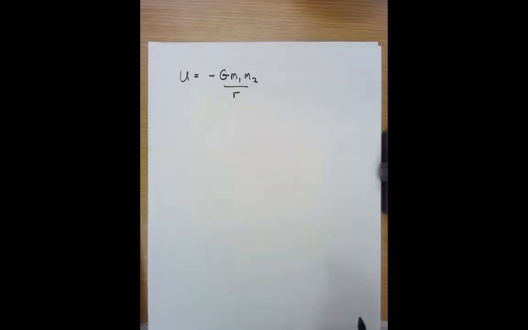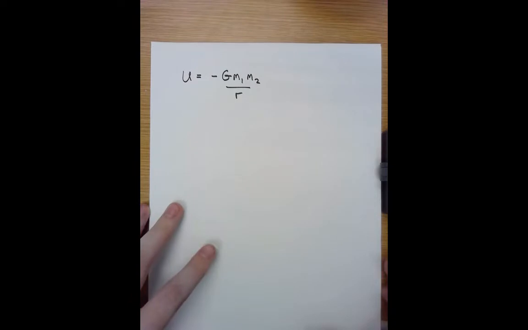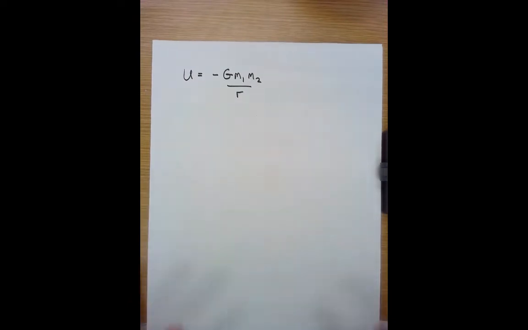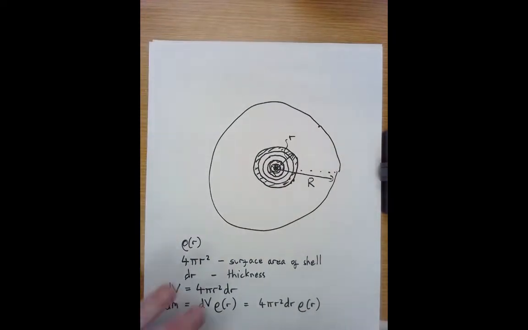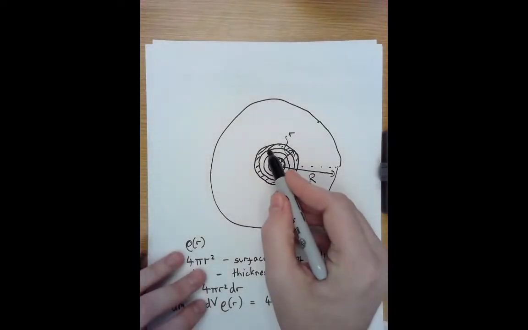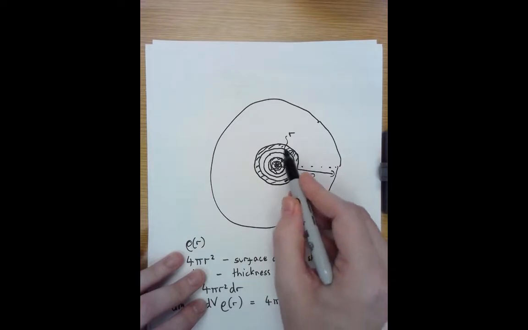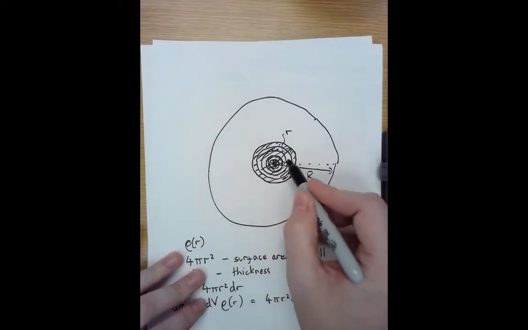So, for example, we can use formulas like this to calculate the gravitational potential energy of the Earth and the Moon. They're not point masses, but they behave like point masses mathematically. That's one crucial result in Newtonian gravity. So we can actually make use of this formula to derive the gravitational potential energy of a particular spherical shell given the existence of the rest of the star beneath it.